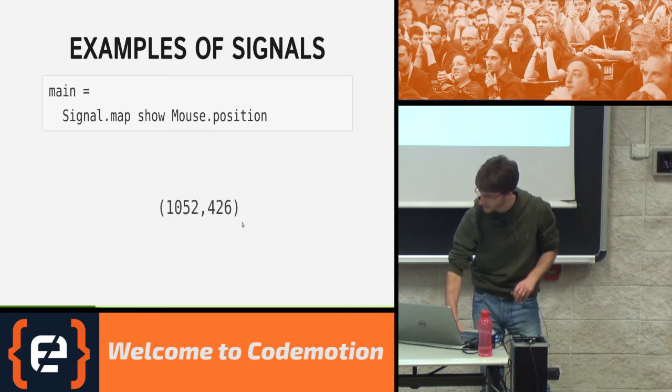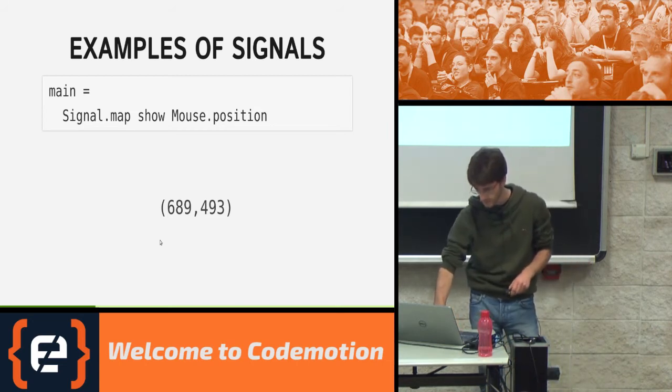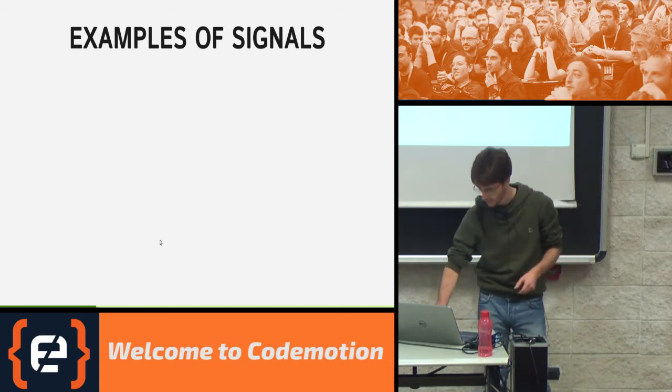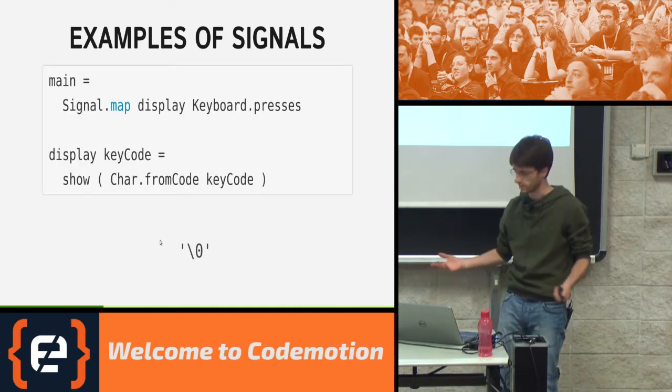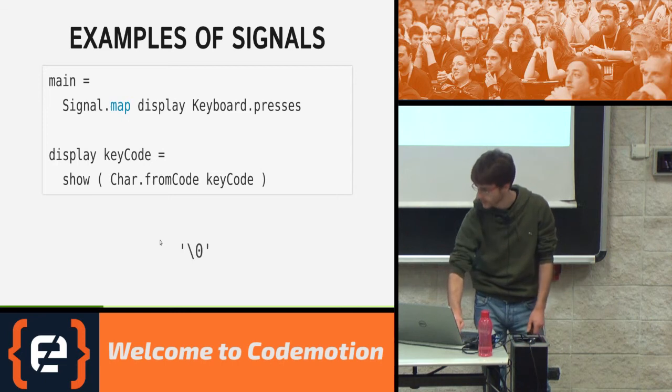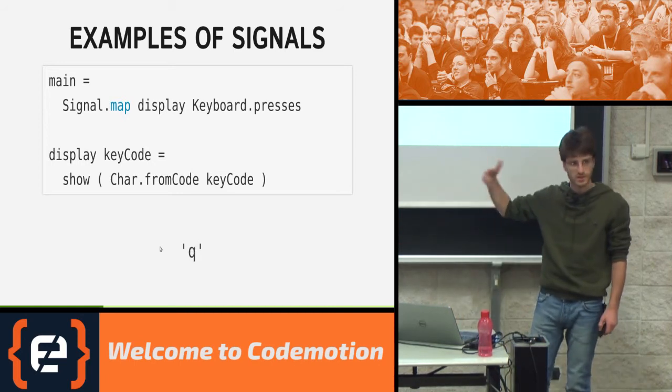And as long as I move the mouse on the screen, the two coordinates of the mouse are updating by themselves. Another example could be the last key pressed on the keyboard. As soon as I press some key on the keyboard, the keyboard presses signal updates its value.